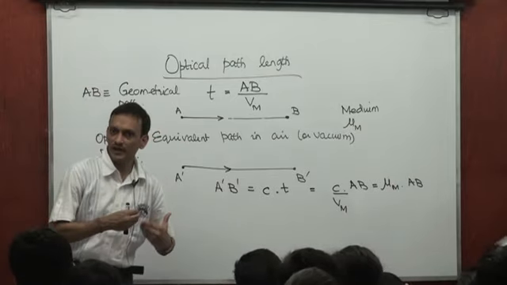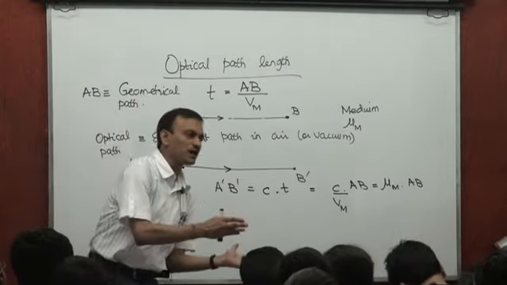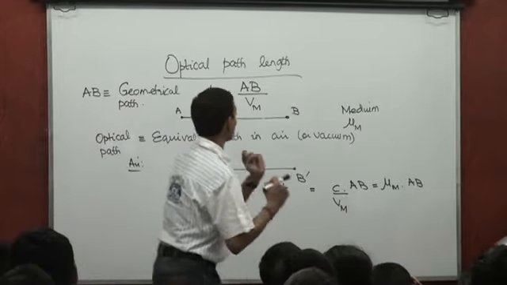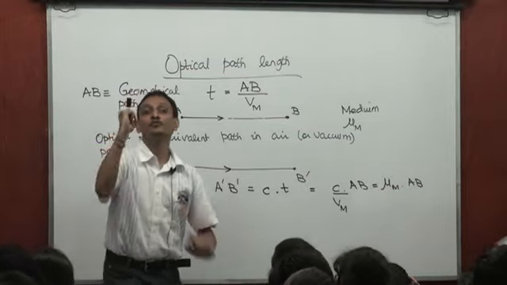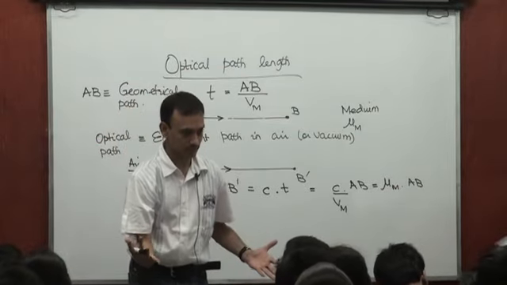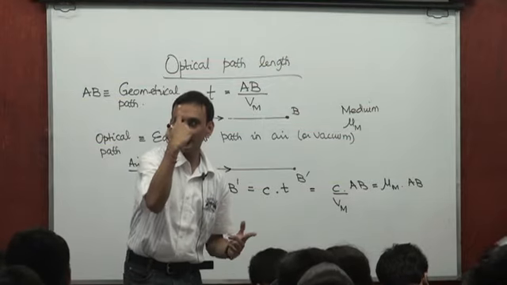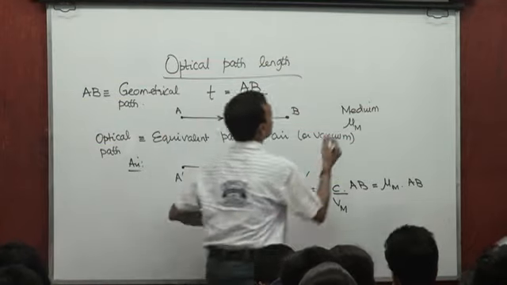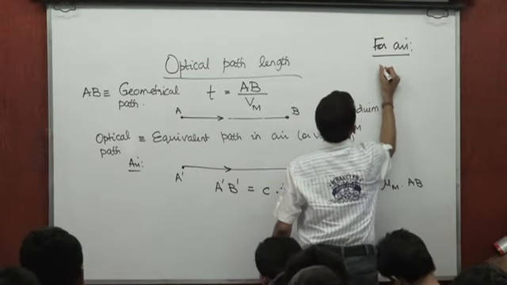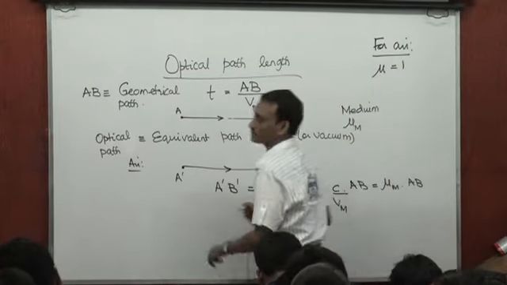In air, if a ray of light travels in air, then the optical path will be equal to the geometrical path, because the refractive index of air would be velocity of light in air divided by velocity of light in air, so that would be 1. Refractive index mu for air is 1.